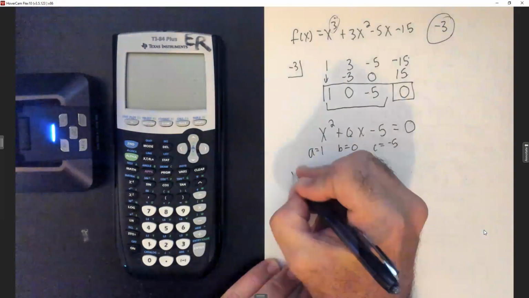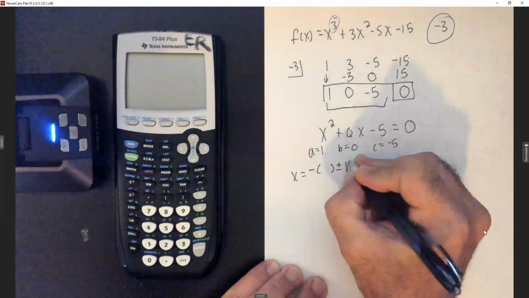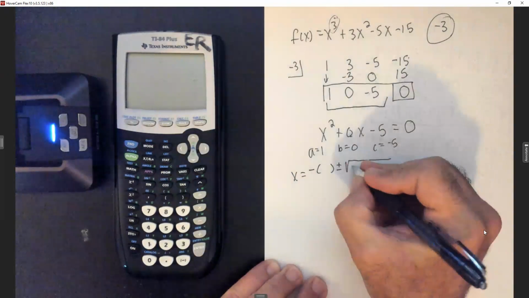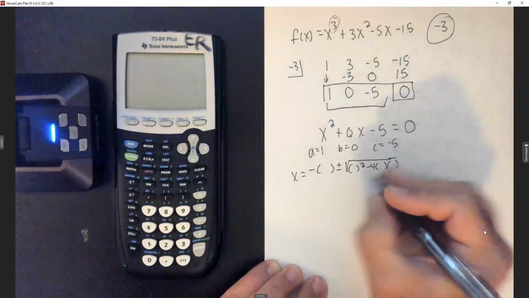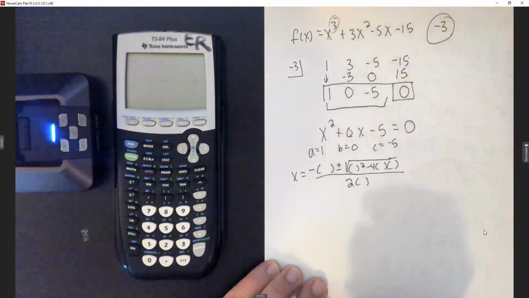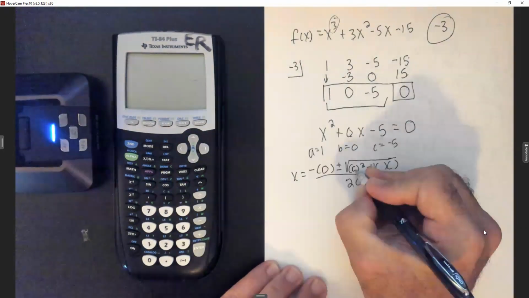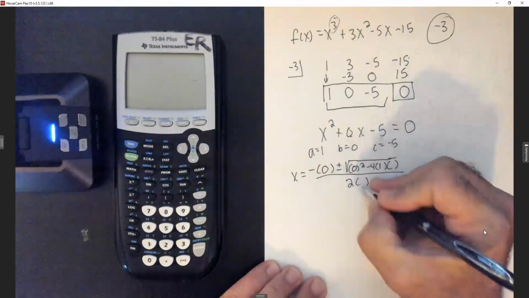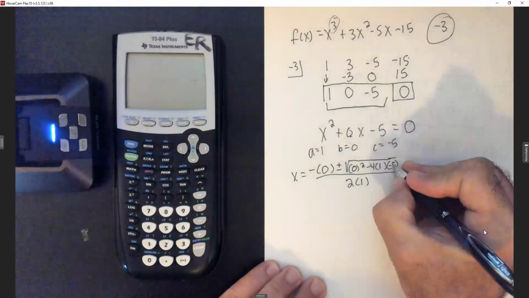So x equals negative b plus or minus square root b squared minus 4 times a times c, all of that over 2 times a. So b was 0, so I put the two zeros in. A was a 1, and c was my negative 5.